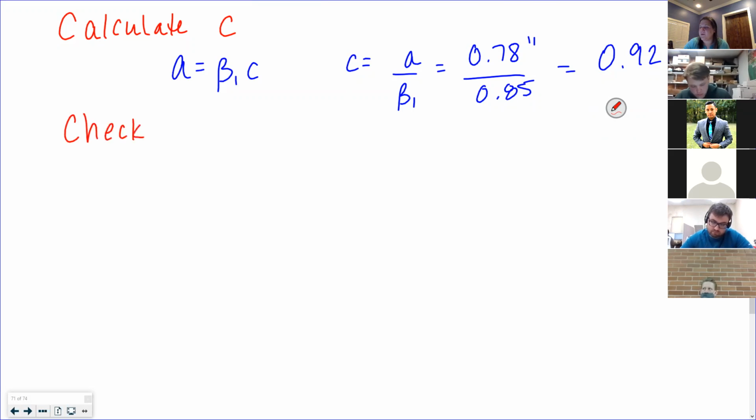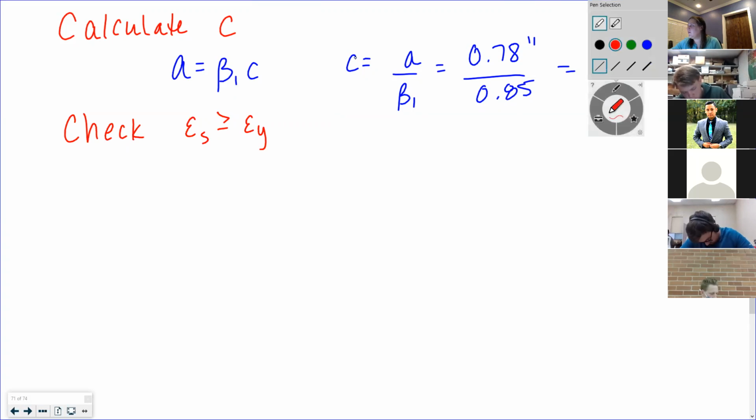I gotta check my assumption that I've yielded my steel. I draw this like every time. I don't know why, but I do.